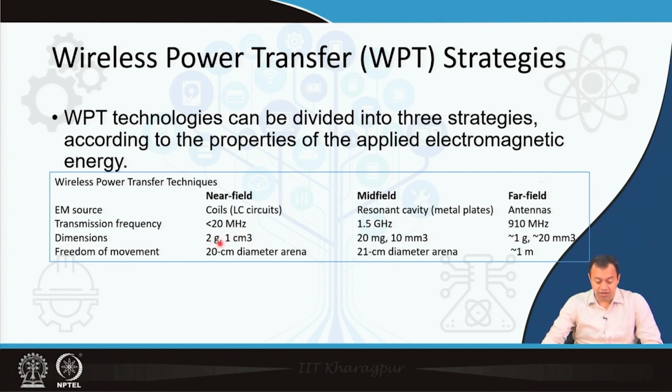Dimensions and weight: gram, milligram, 2 gram, 1 centimeter cube, 10 millimeter cube, the size and etc. Freedom of movement: a 20 centimeter diameter arena where the mouse can move, and in far field you can have 1 meter area where the mouse can move.